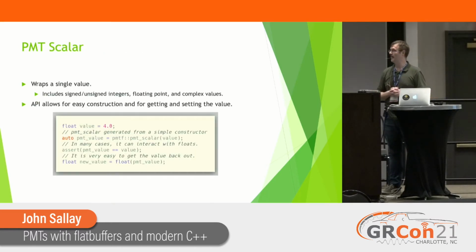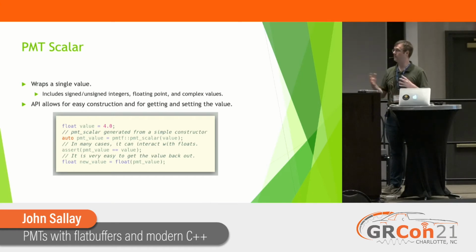The first and simplest type is a PMT scalar. This is wrapping a single value in a flat buffer. It's used for signed and unsigned integers, floating point, and complex numbers, and the API is designed to make it really simple and easy to use. You can construct it from whatever value you want.